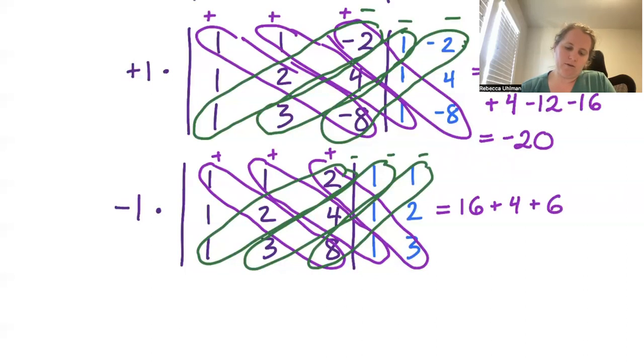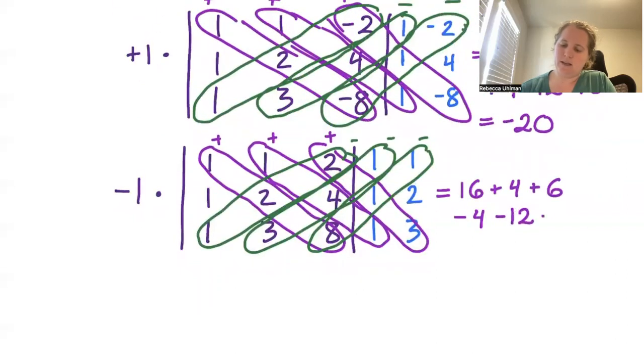And we have negative 2 times 2 times 1, negative 4, negative 1 times 4 times 3 is negative 12. And negative 1 times 1 times 8, oops, sorry about that, is negative 8. So we are looking at 16 plus the plus 4 and negative 4 cancel out. So 16 plus 6 is 22, negative 12 is 10, negative 8 is 2, assuming I did my arithmetic correctly there.